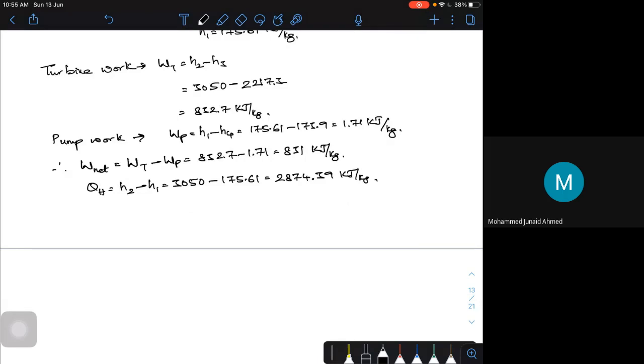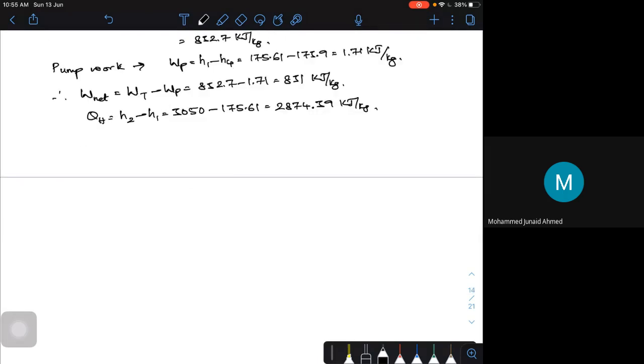Okay, thermal efficiency. The Rankine efficiency is given by net work done by heat supplied.